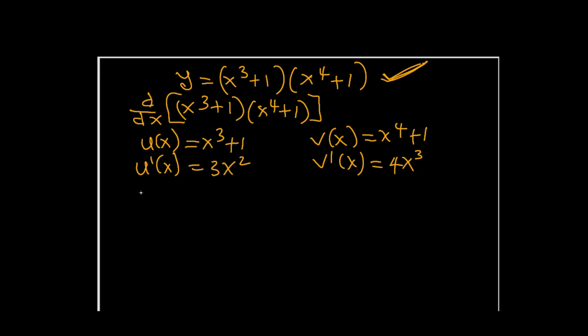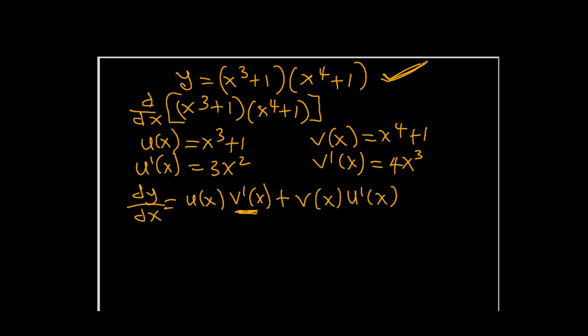So we can quickly get the differential coefficient, and that will be equal to, don't forget the formula we gave you: you keep the first one constant, then you differentiate the second one, then plus the one you are differentiating here, you keep it constant, and then you differentiate the other function. So let's make substitutions into this equation. My u is x cubed plus 1.